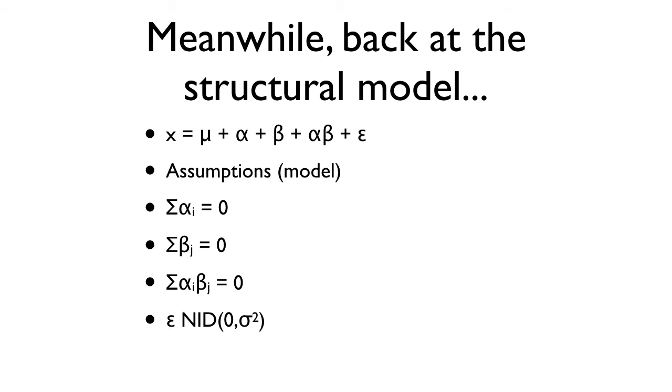You can violate the normality. You can't violate the independence. And the 0 and sigma squared again just follow from the fact that we said at the beginning that x equals mu plus alpha plus beta plus alpha beta plus epsilon. You'll see. Okay. Those are some assumptions that come out of the model.